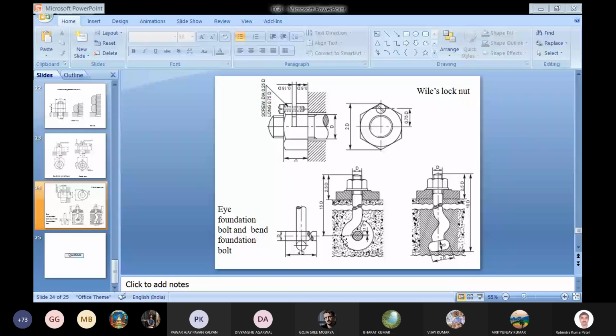This one is the hook bolt, and the other is the bend foundation bolt. There are two types of bolts shown here. There can be many different types, which you will see in the sheet that will be provided to you. Here only two types are shown.